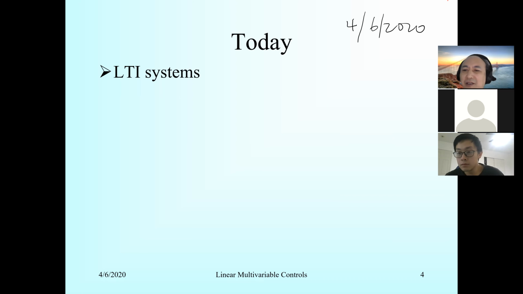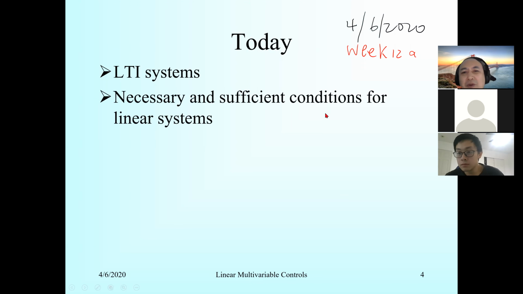Great, everyone's here. So this is week 12 and lecture 8. We already went through LTI systems, and we pointed out that the stability condition for LTI systems is not only necessary, but also sufficient.